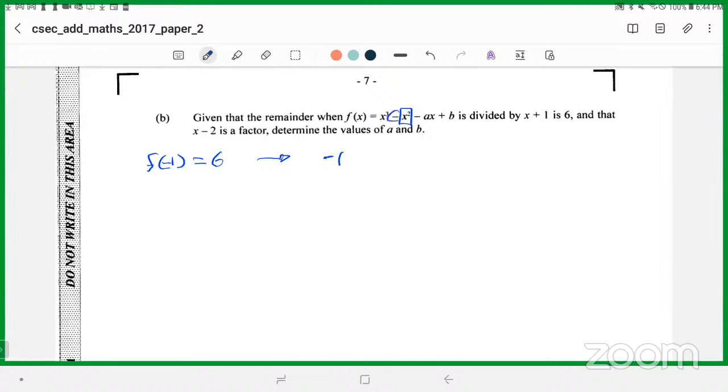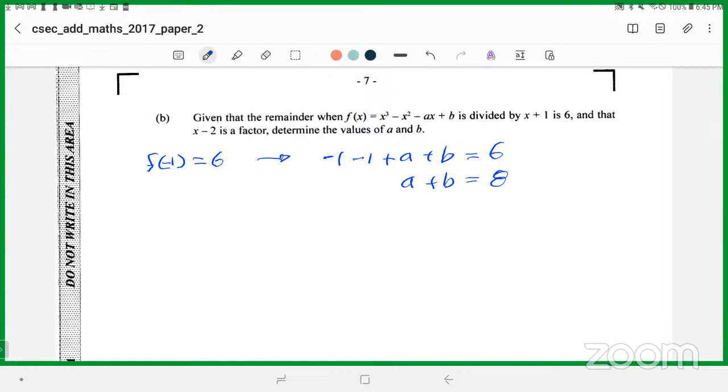But this minus remains minus, and so we end up with a negative 1. And then when we place the negative 1 on the x right here and multiply with the negative a, we get a positive a. And then we're adding back the b, and that is equal to 6. These two give me negative 2. Negative 2 comes across, add to the 6 to give me 8. So my equation becomes a plus b equals 8. You have to be careful with the negative signs in these numbers when we're doing these questions.